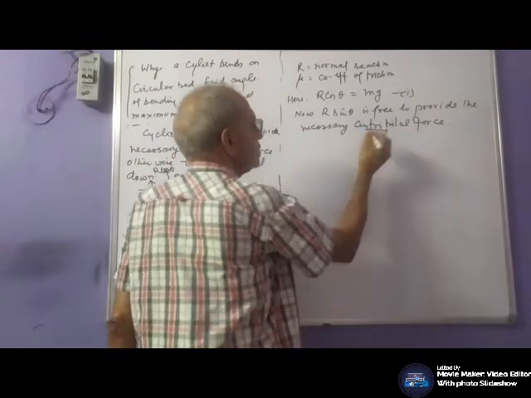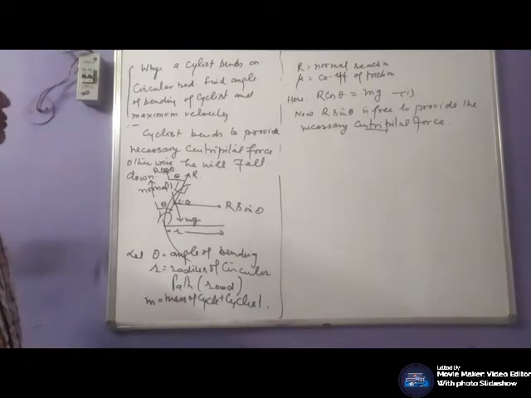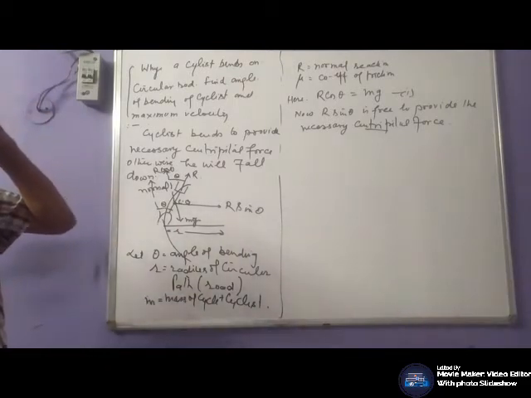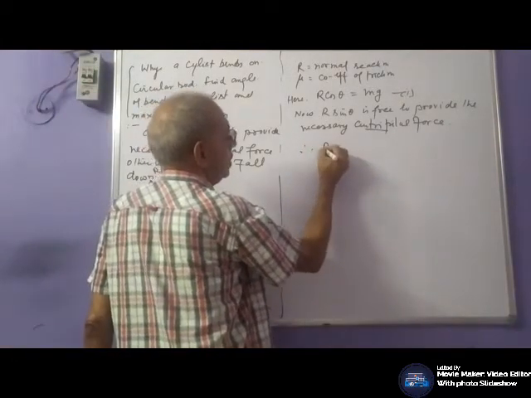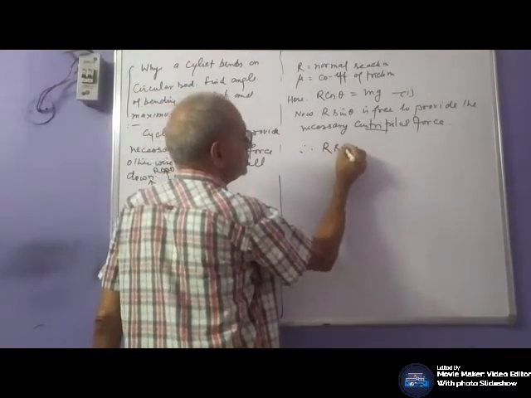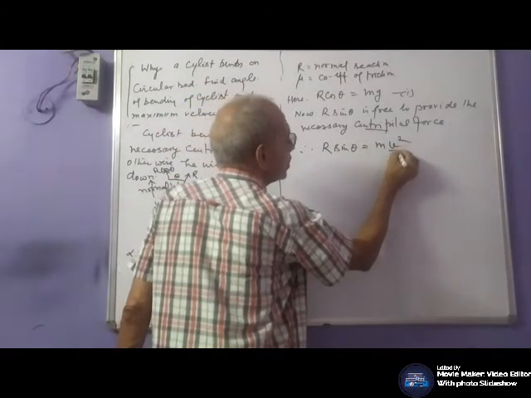Why? R sin theta is towards the center, and the centripetal acceleration we have already done is towards the center, so centripetal force is towards the center. Therefore, R sin theta is mv square by r.